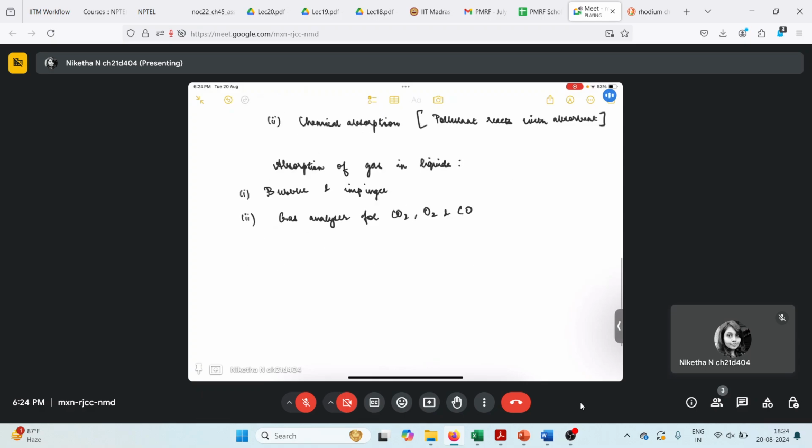These two are examples of absorption of gas in liquids.